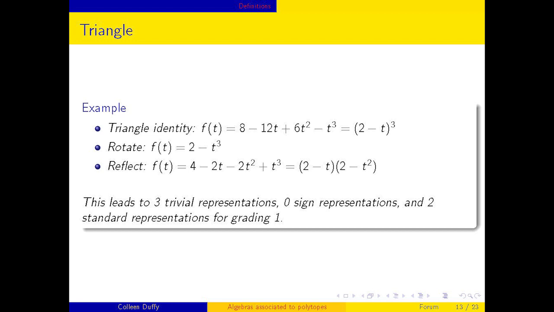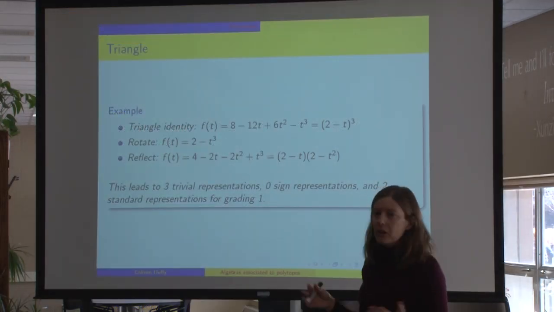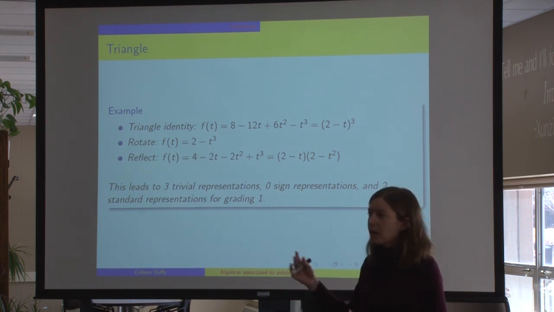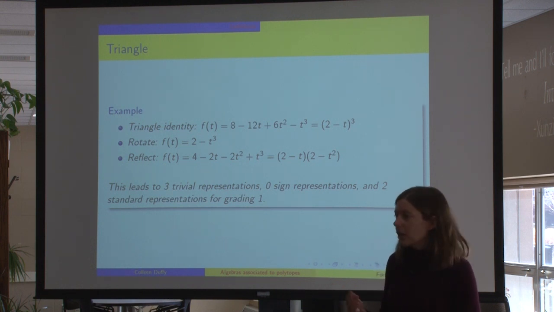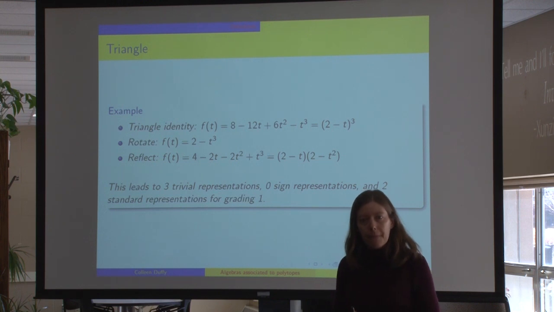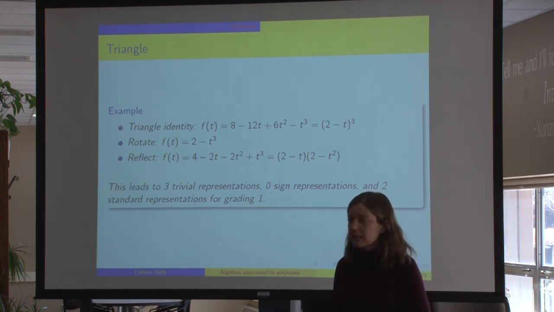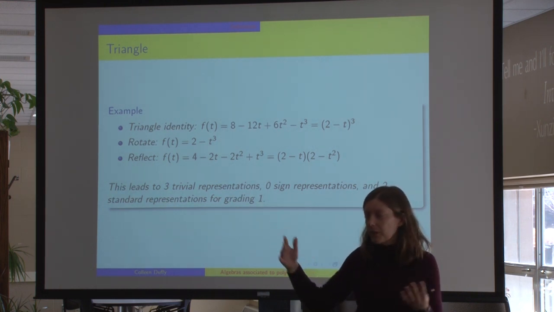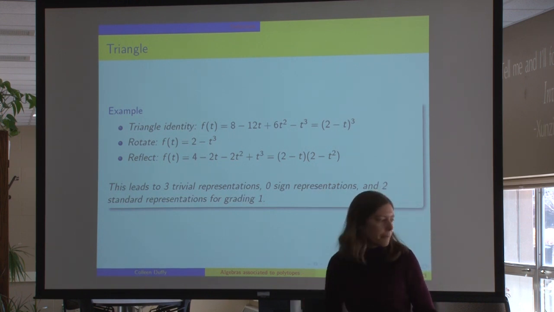So that first coefficient of t in that, you can solve a system of equations, and you get that the building block for this algebra is 3 what we call trivial representations, 0 sign representations, and 2 standard representations. Representations of the symmetric group, exactly. So those are the building blocks that make up. And then the slice 2, the level 2, would have different building blocks. So every level has the building blocks that make it up.